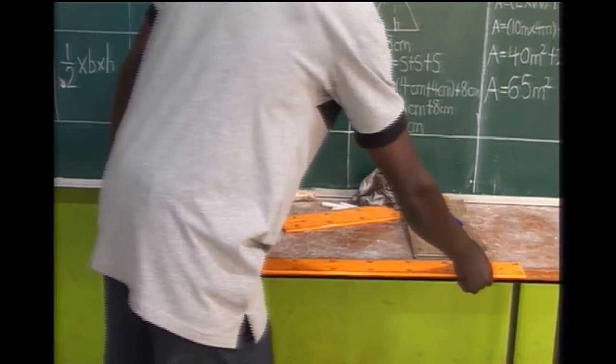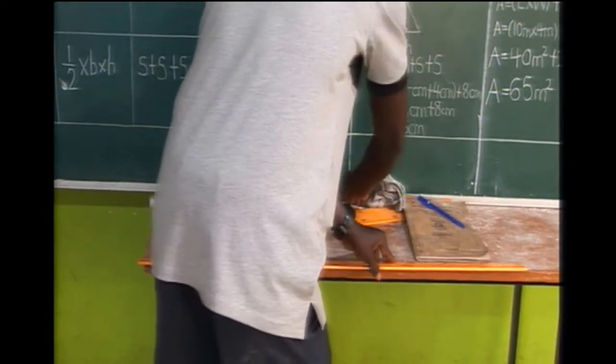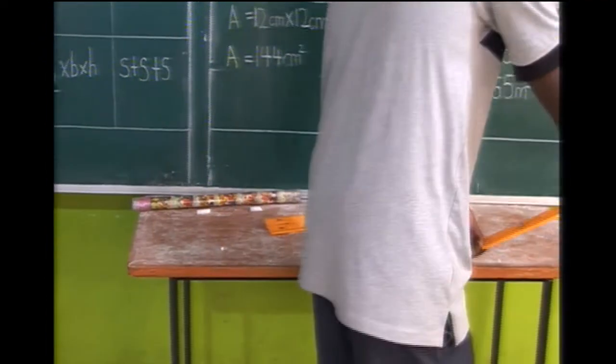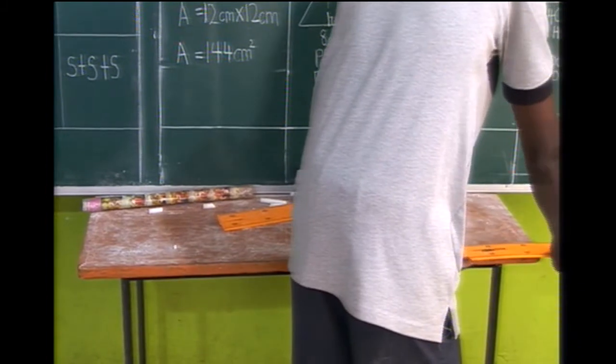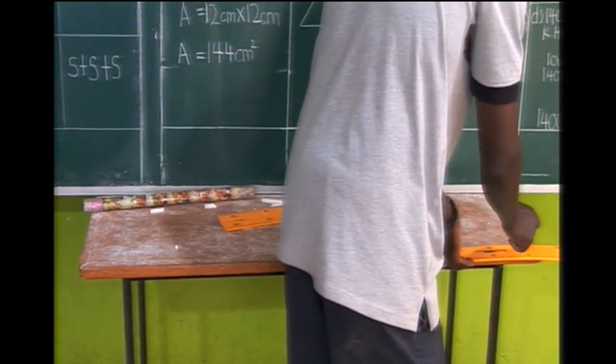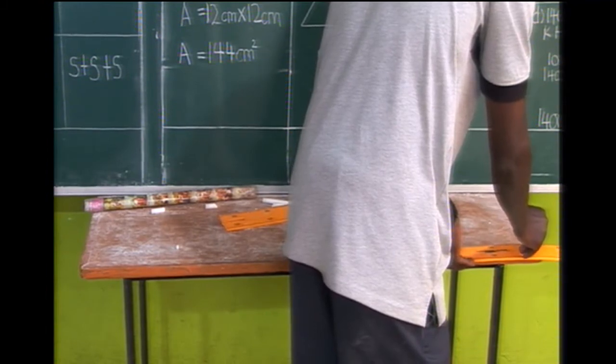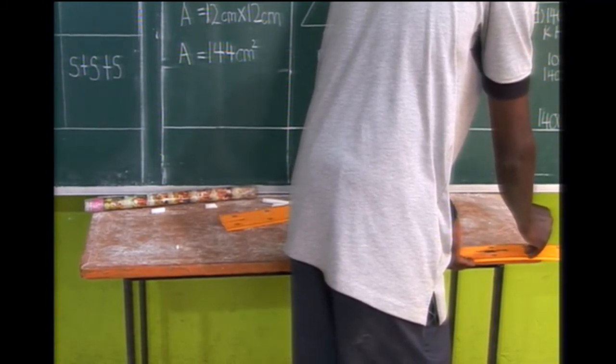This is 100. Now, being 100, you label where 100 stops, and then measure the remaining part from where I've labeled. And this is 21, 2, 3, 4, 5, 6, 7, 8.